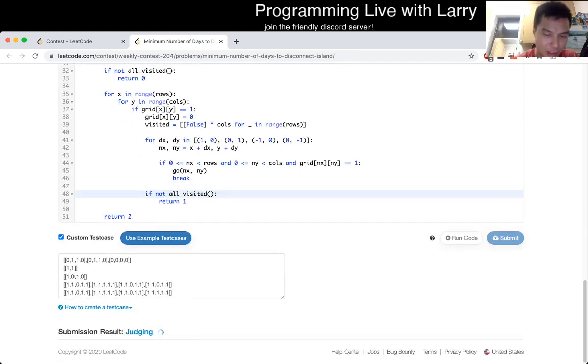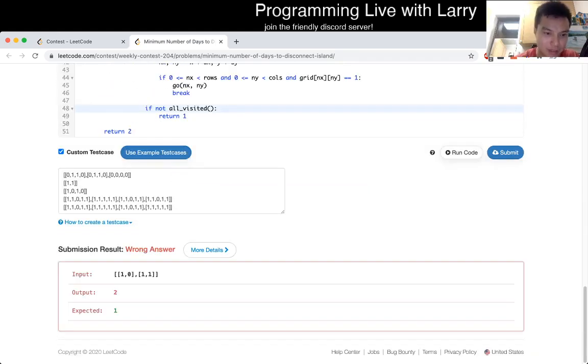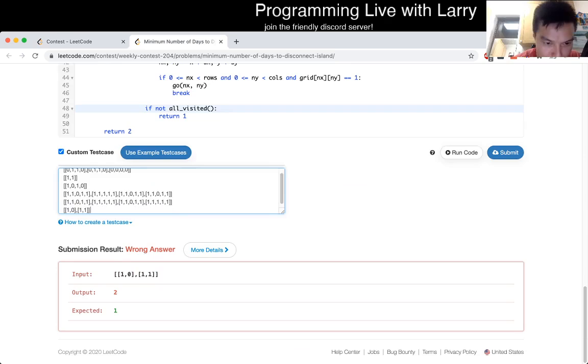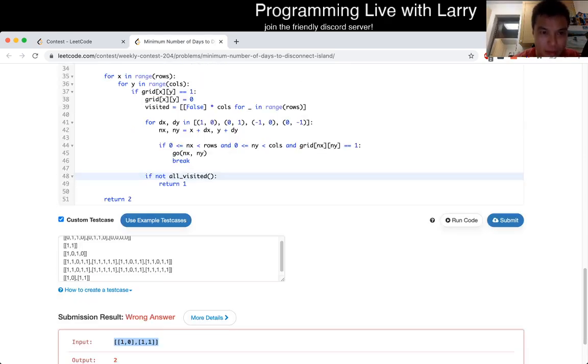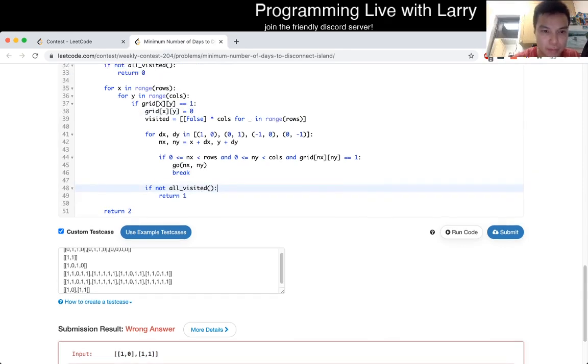Let's see, fingers crossed. Oh, I didn't check for -1. It is true. No, this should. Oh, I don't. Dumb.